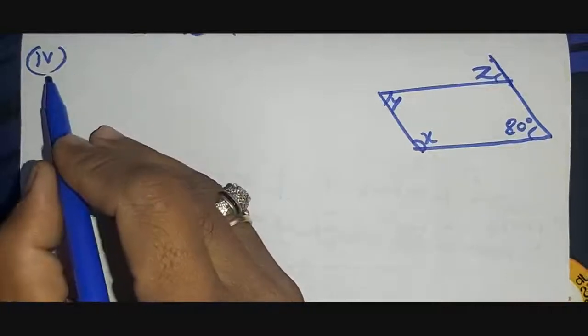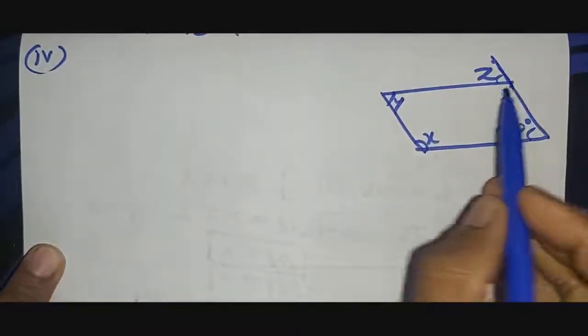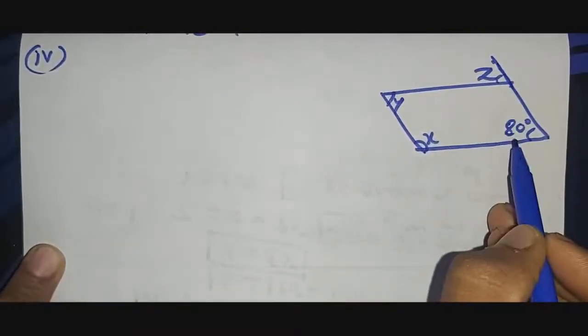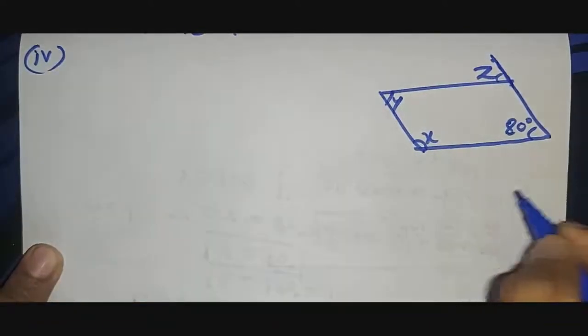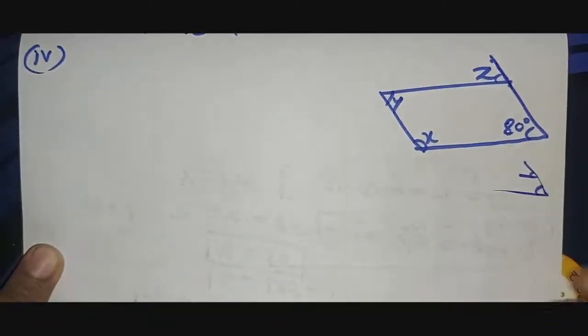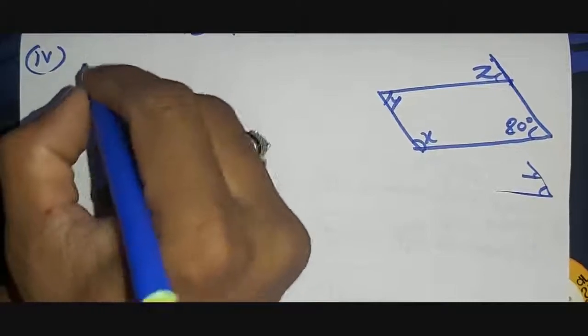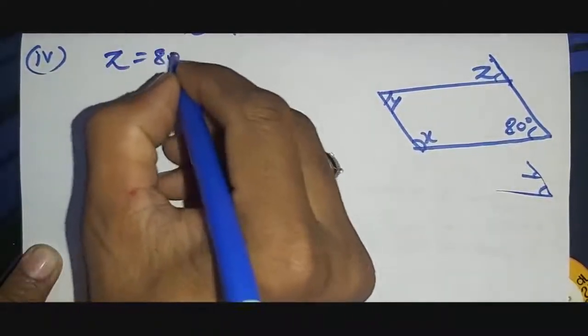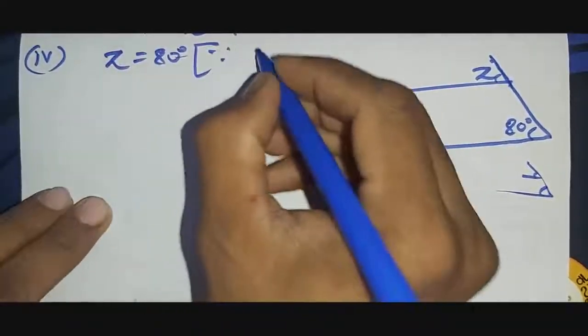Okay, now let us discuss the fourth question. Here they have given a figure. See, directly we can take z is equal to 80 degrees because corresponding angles are equal, right? Here z is equal to 80 degrees because of corresponding angles.